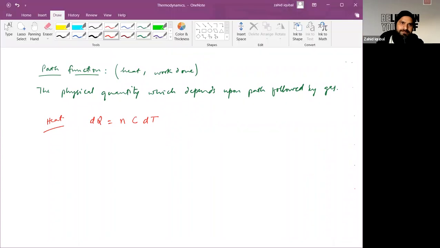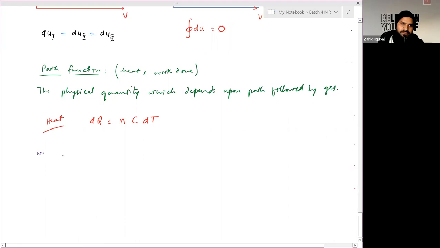Next is the most important, work done. Work done is equal to force times displacement. You may write force in terms of pressure as pressure times area of cross section times displacement. Area times displacement will be termed as volume.